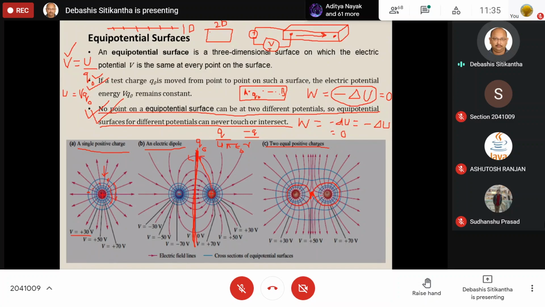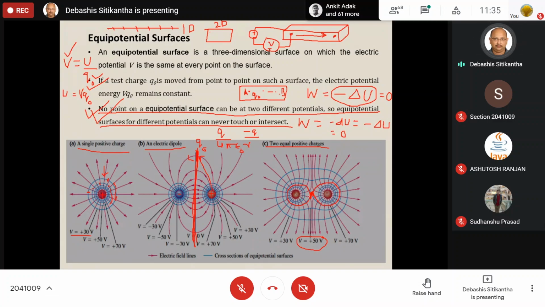Because this is a positive charge and this is a positive charge. But moreover, they are maintained at the same potential. So let us say this surface is maintained at a potential of 50 volts. You can see from the figure that the potential at this point is 50 volt. If this is the case, then they have the liberty to intersect or touch each other, it doesn't matter.